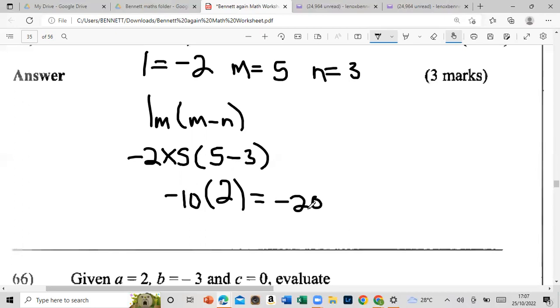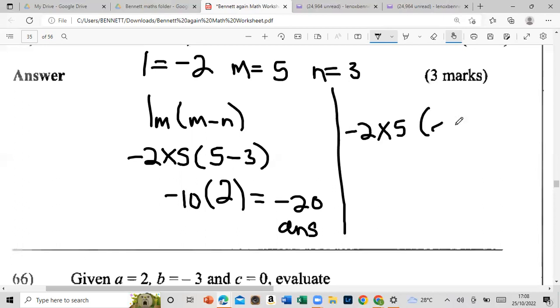Let's take another approach to it, because I know sometimes some students will say, show me how to do it, let's see if you do it this way. So there's negative 2 multiplied by 5 bracket 5 minus 3. So you work out the bracket first, which is 2. Put your times your negative 2 and your 5.